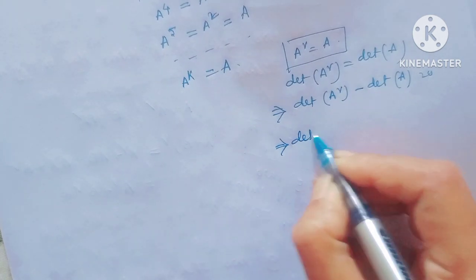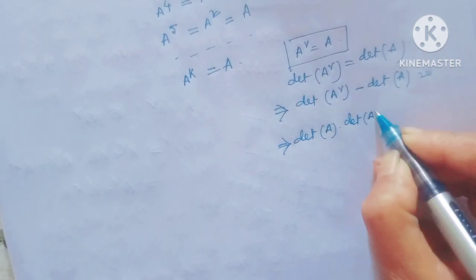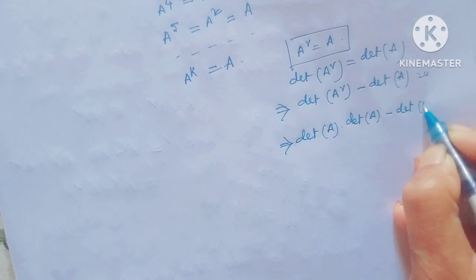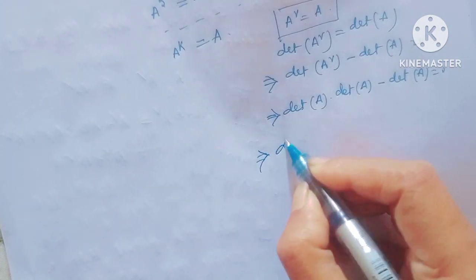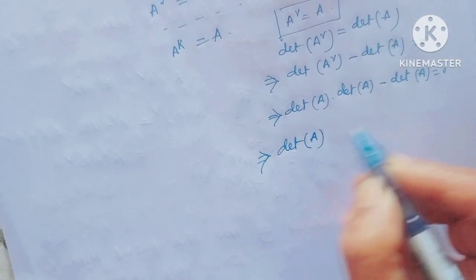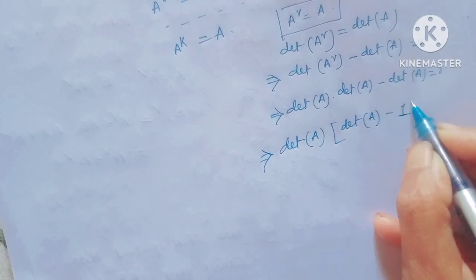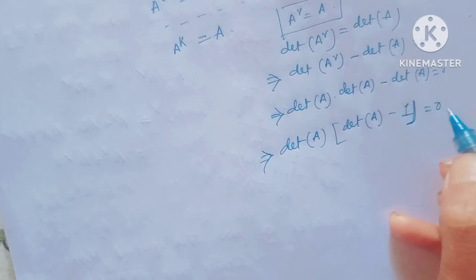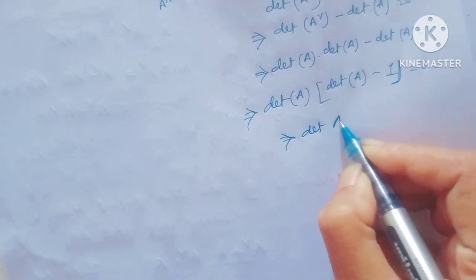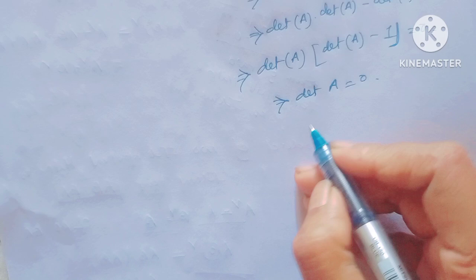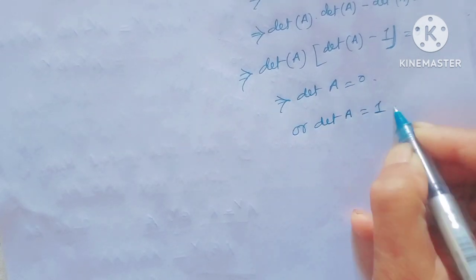Determinant of A square means determinant of A times determinant of A, minus determinant of A, equals 0. Taking determinant of A common, this implies determinant of A times (determinant of A minus 1) equals 0. That implies determinant of A equals 0 or determinant of A equals 1.